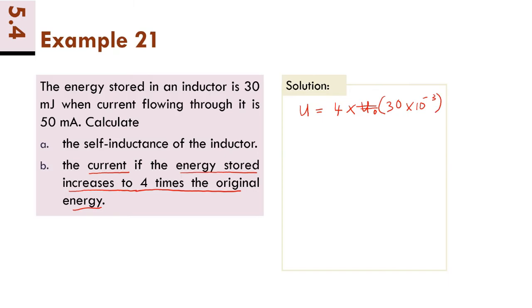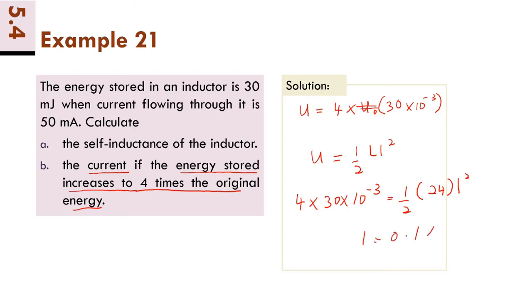So 4 times 30 times 10 negative 3. Just use the same formula, U equals half L I squared, and substitute the new U: 4 times 30 times 10 negative 3 equals 1 over 2, L is given 24, and I squared. So I should be 0.1 ampere. Alright.